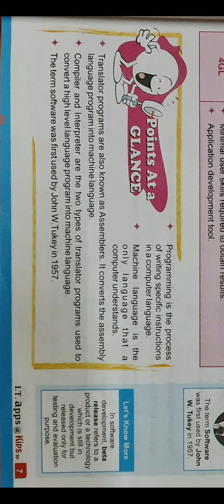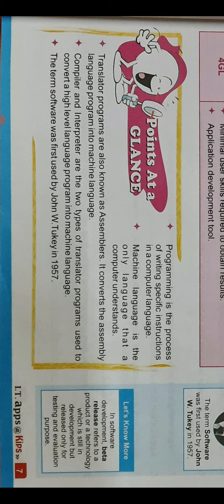What is programming? It is the process of writing specific instructions. Next, machine language is the only language that a computer understands. We need to convert any language into machine language, then only the computer will understand.